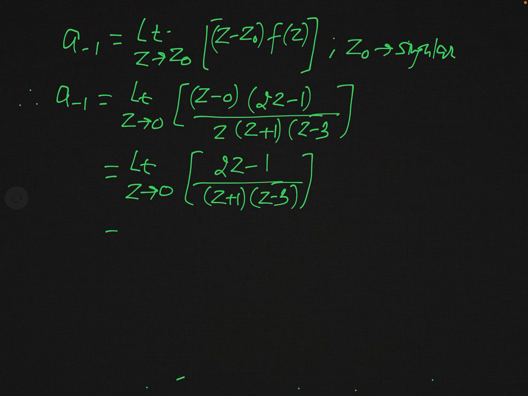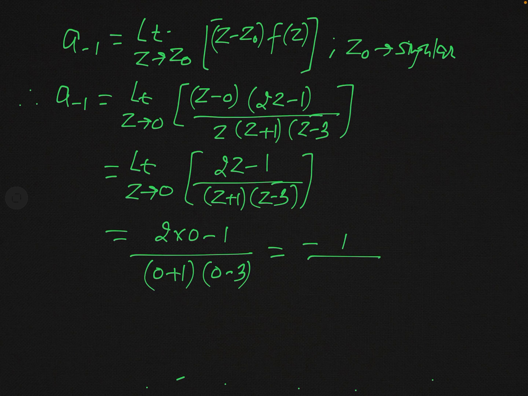Now let us put the limiting value, that is z equal to 0, in this. So what will be our result? This will be (2 into 0 minus 1) over (0 plus 1) into (0 minus 3). So this will be minus 1 over minus 3.